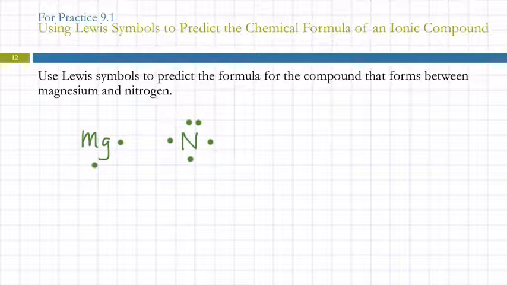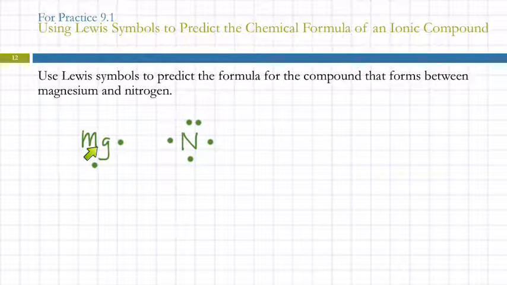Okay, so in Mrs. K's chemistry land, atoms are alive and they have feelings and stuff, and they talk. And so here's magnesium, and magnesium wants to get rid of these 2 valence electrons because he's trying to get 8 and look like one of the cool noble gases. And nitrogen is wanting to gain 3 electrons so that it can have 8. And you can think of it this way too.